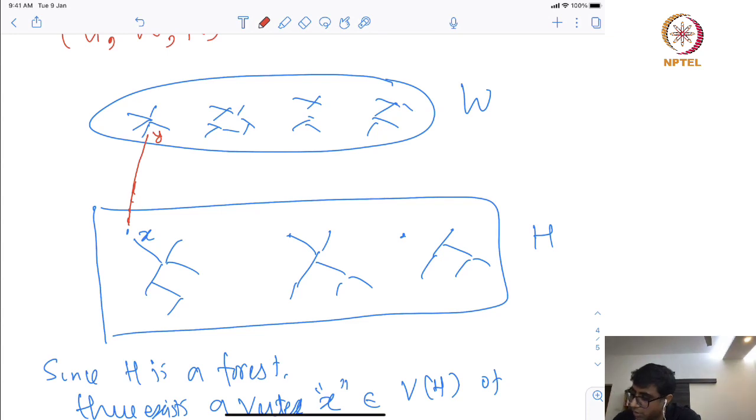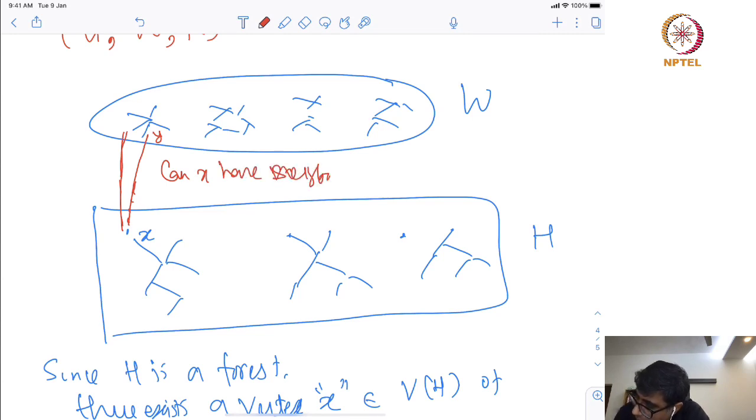So now there are two questions. Can X have another neighbor in the same component as Y?